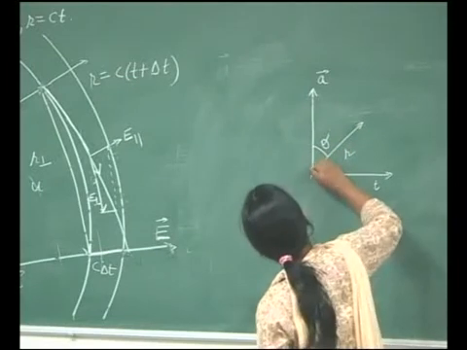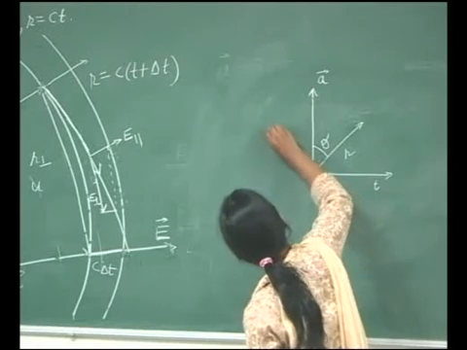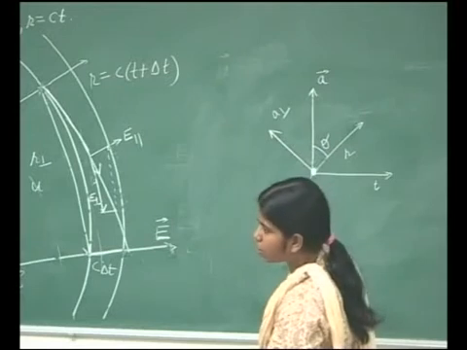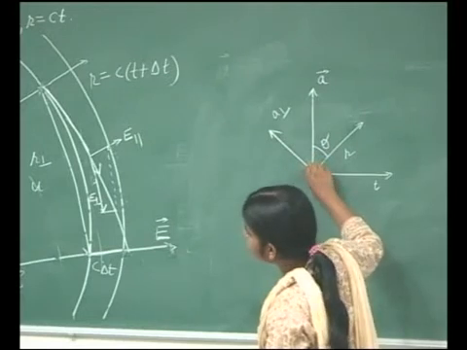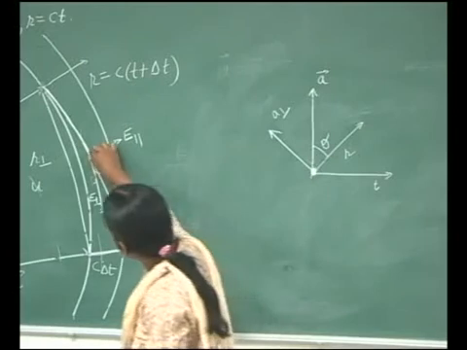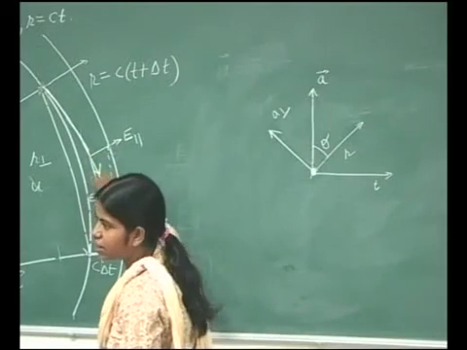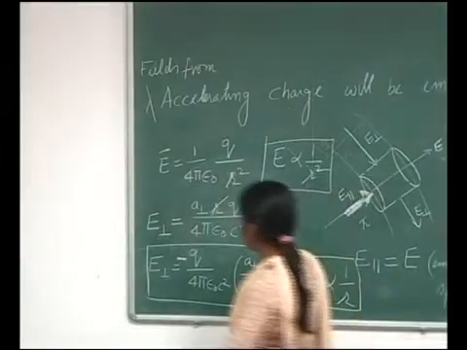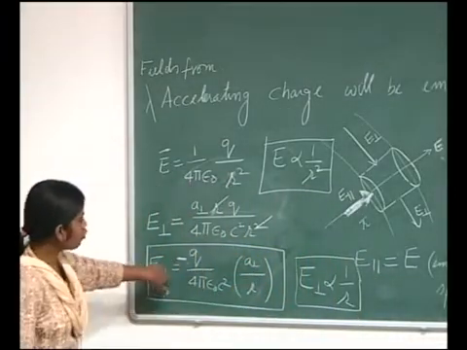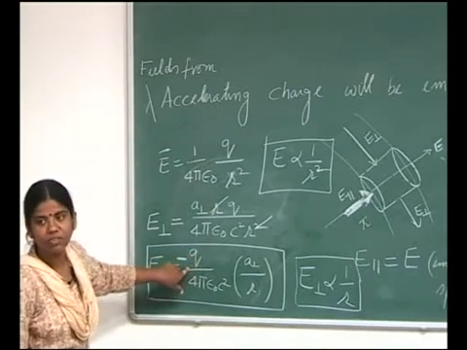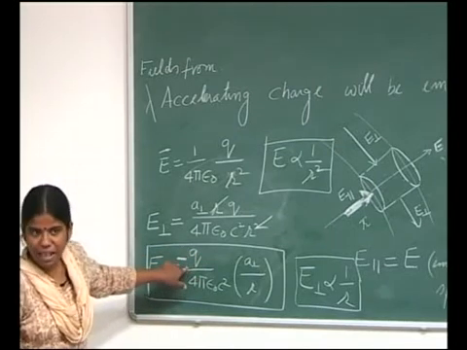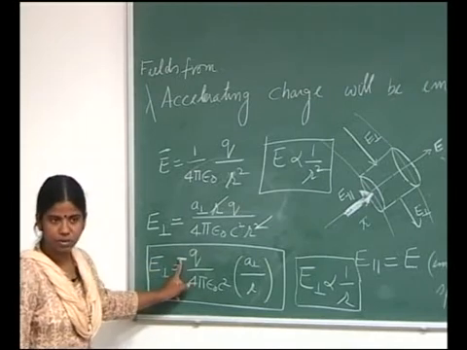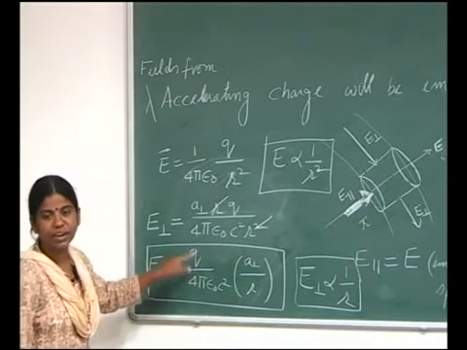Now, my perpendicular acceleration would be in this direction, A perpendicular. And E perpendicular is just opposite to this direction. So, because A perpendicular is always opposite to E perpendicular, for a positive Q charge there will be a negative sign, whereas if you have a negative charge here, then this will be positive. Okay. So, that is why I have a negative sign here.